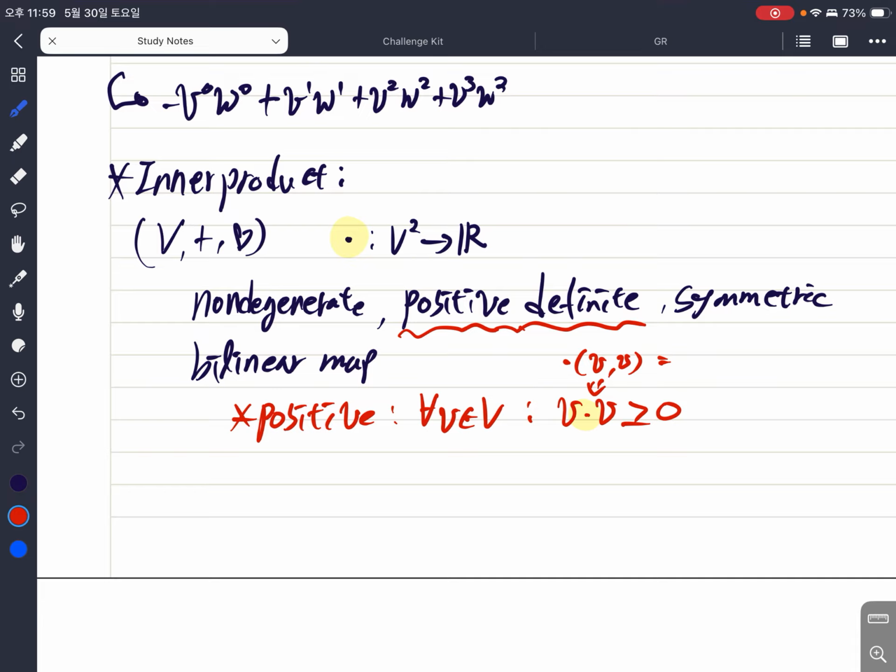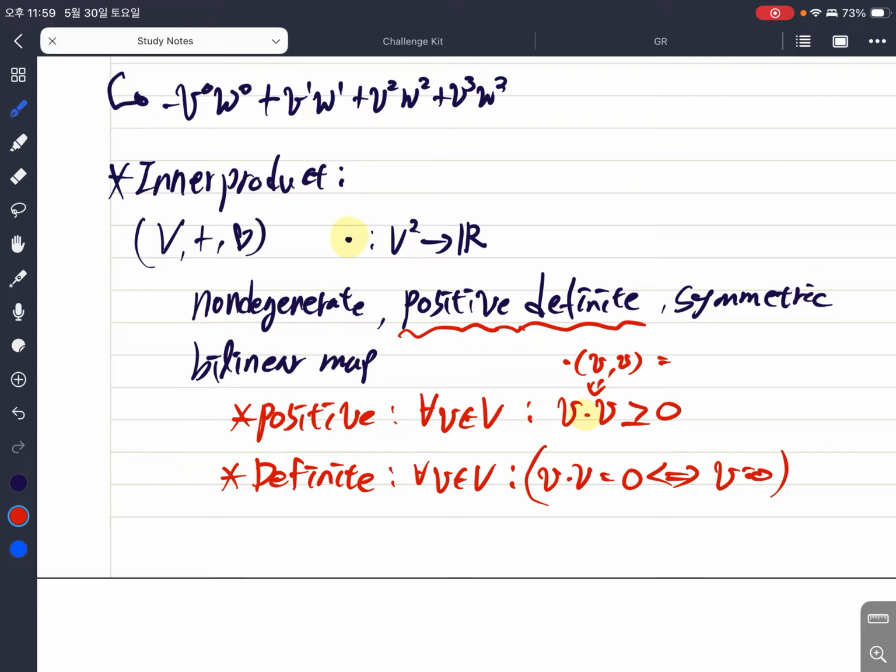And definite means that if v dot v is 0, then v is 0. This is what we call definite. So positive definite just combines these together.